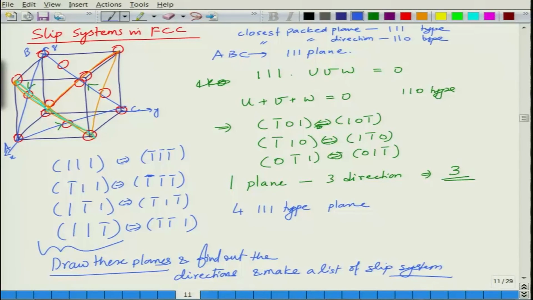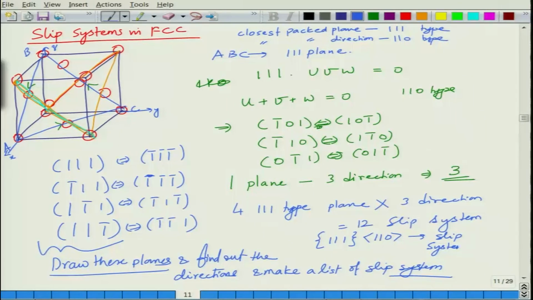So, 4 111 type planes into 3 directions in each plane gives you 12 slip systems. In a general sense, you have the 111 plane as the slip plane and the direction is 110; this is the slip system. Of course, you have to choose combinations for which the direction lies within the plane, that is, the dot product of the two is equal to 0.